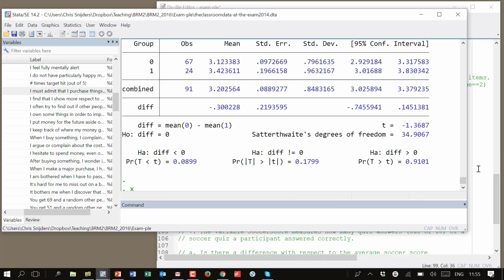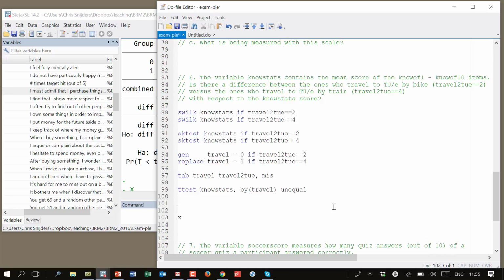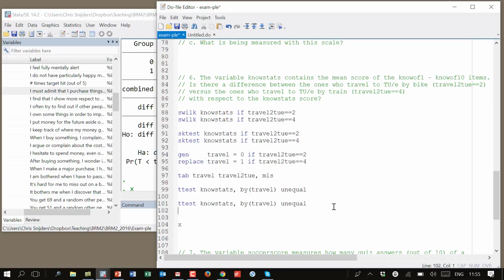One other way to do it with a slightly different command would be exactly the same here, but do this on the actual travel to TOE variable. And now add an if statement.